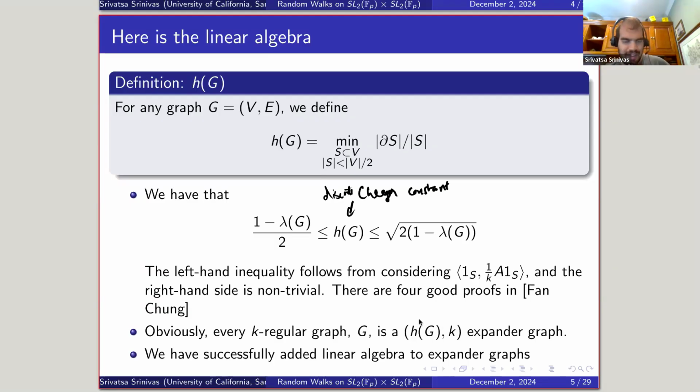Anyways, every k-regular graph is obviously an h(G)-k-expander graph, just by definition. The way we define this Cheeger constant term, every k-regular graph expands at that rate. So if we can somehow have an upper bound on this lambda_G, we basically have control in both ways of this Cheeger constant, telling us how quickly our Cayley graph expands.